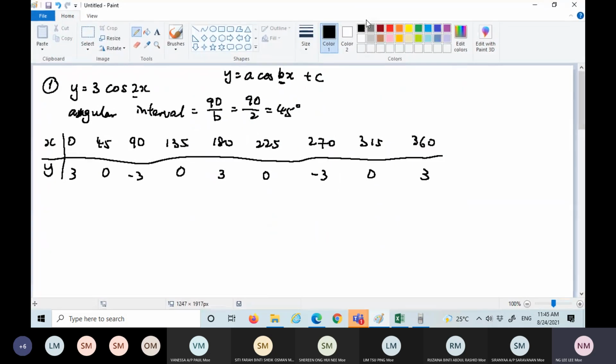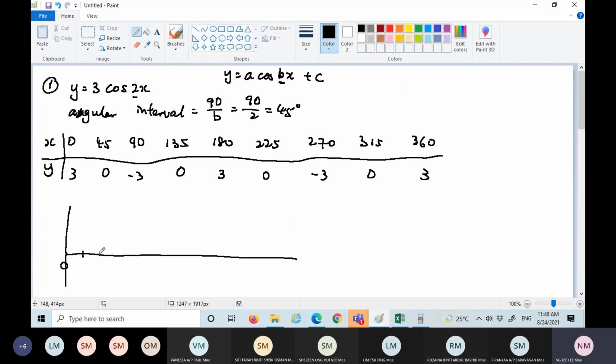Sorry, you use a ruler, okay, and then you can measure using maybe 1 centimeter, 1 centimeter, or half centimeter for the scale, okay. Please make the scale more uniform. Then when you sketch, your graph will be nicer, okay. So this is 0.